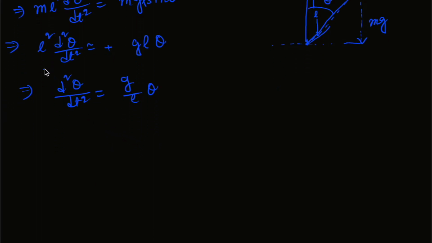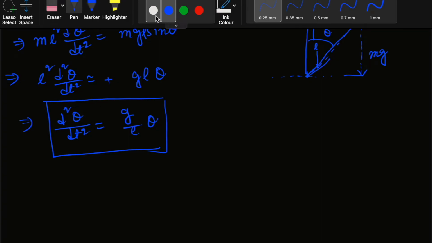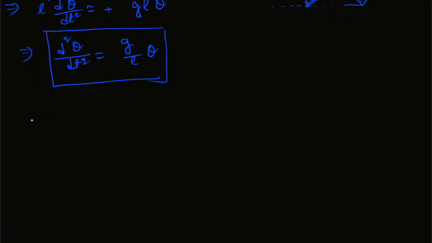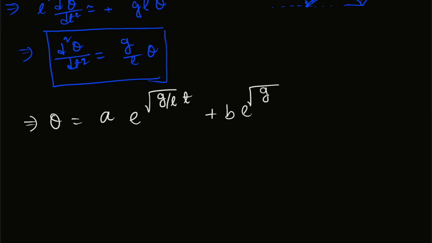Now if we solve this differential equation, what will we get? Let us check. We will get θ equal to some constant A e to the power √(g/L) t plus B e to the power −√(g/L) t.